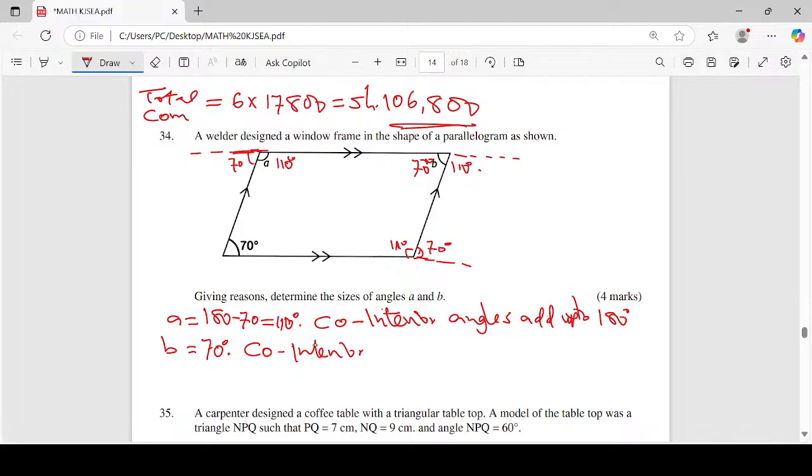Co-interior angles add up to 180 degrees. So 180 minus 110, giving you 70 degrees. We are done with that.